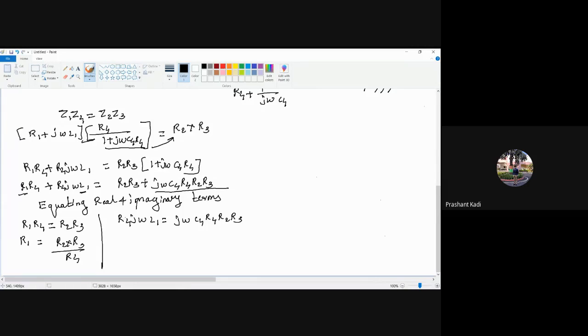Whichever terms are common will get cancelled: R4 and R4 cancel, and j omega cancels. What is the remaining term? L1 equals what? L1 equals C4 R2 R3.